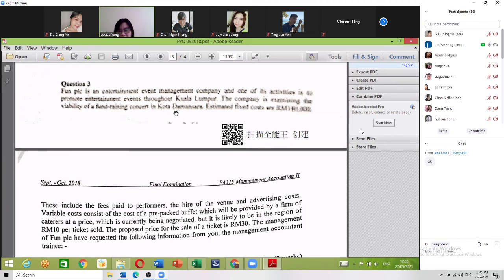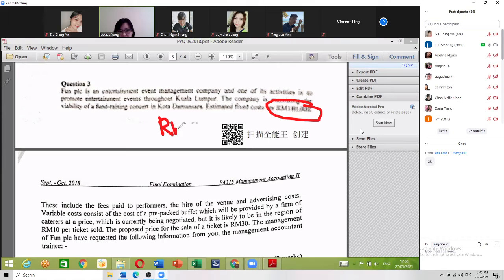So the company now wants to examine the fundraising concern in Kota Damansara. The estimated fixed cost will be 118,000. Sorry, this is 180,000. This is your fixed cost, 180,000.